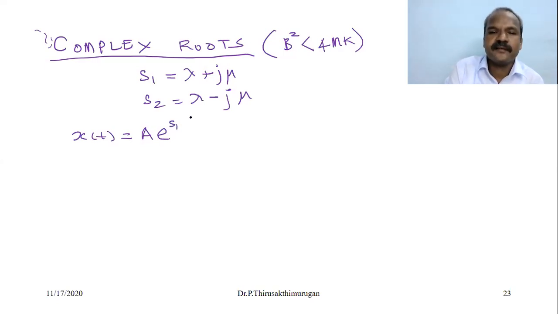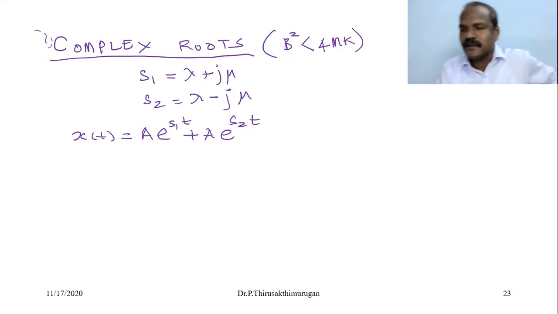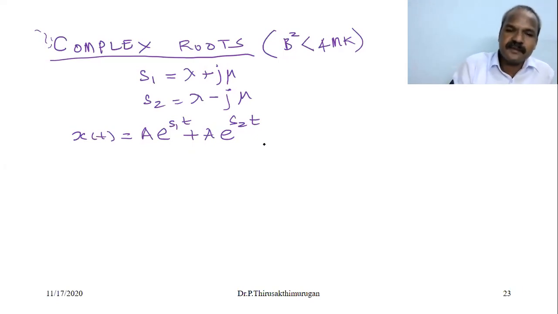Same as before, but if we solve that, we have to apply Euler's equation, e power ix. So a e power s1t plus b e power s2t. It is difficult to use this equation to find the complex solutions, with imaginary numbers.